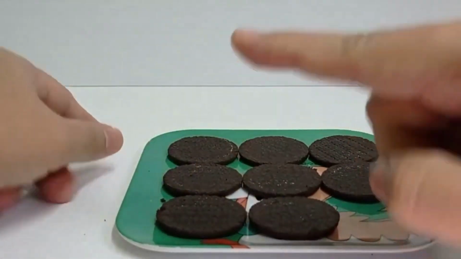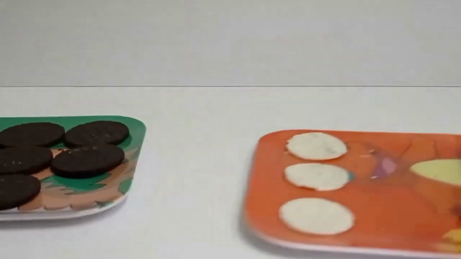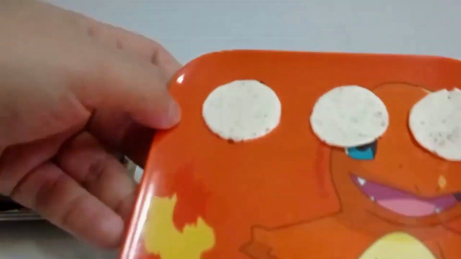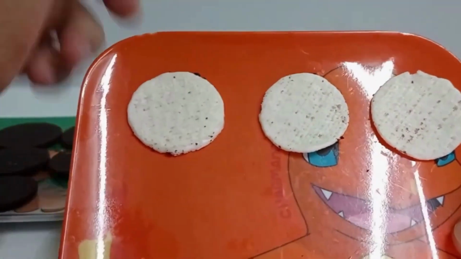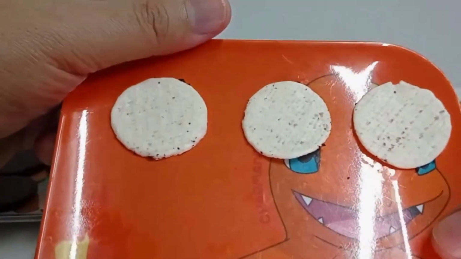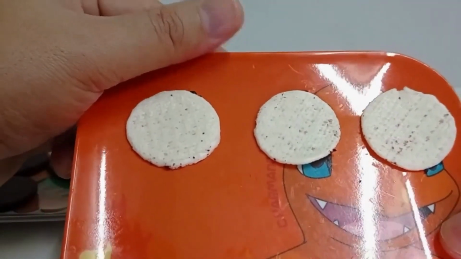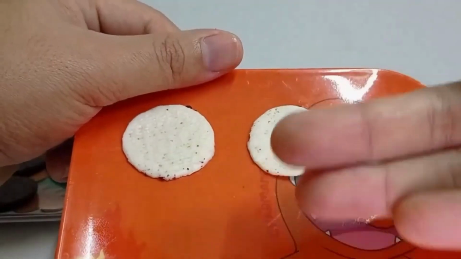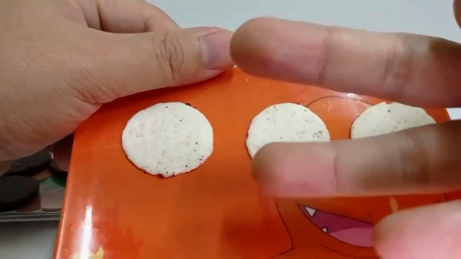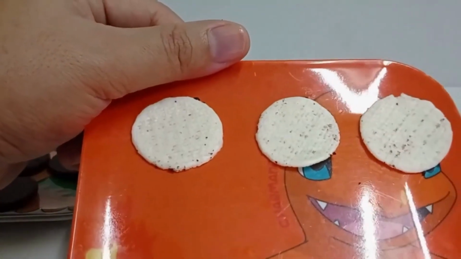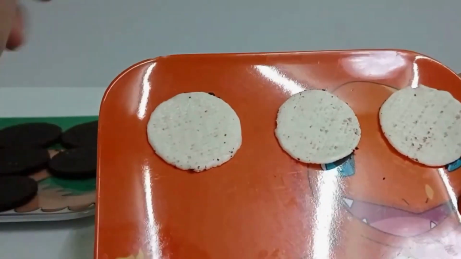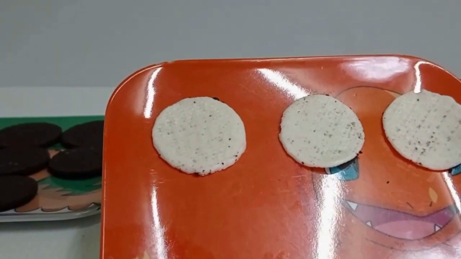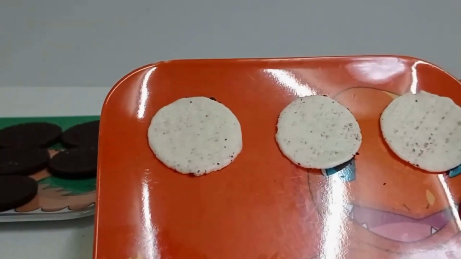While if we have just 3 pieces of this vanilla flavored cream, we can only make how many Oreo sandwich cookies? Yes, we can make 3 Oreo sandwich cookies out of these 3 pieces of vanilla flavored cream.